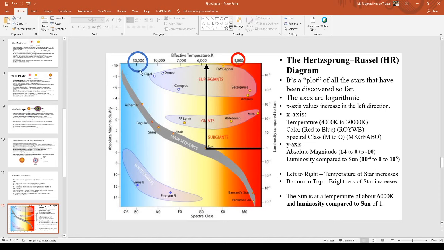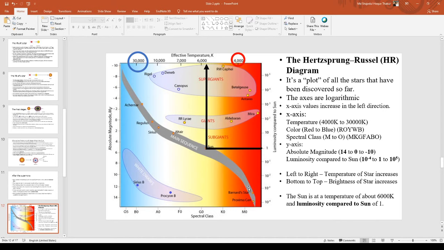Achernar is a massive star. Regulus is much bigger than the sun. But Proxima Centauri and Barnard's star are very small stars. Even the protostars can be found here.